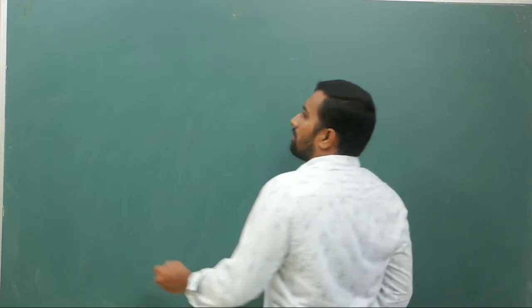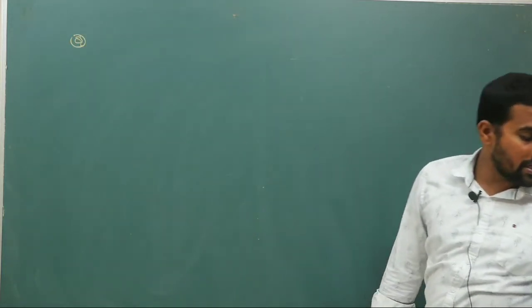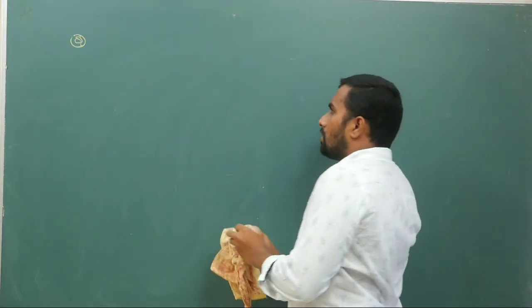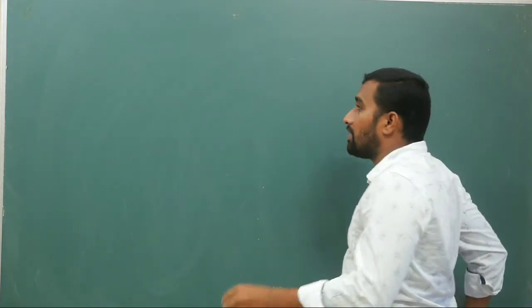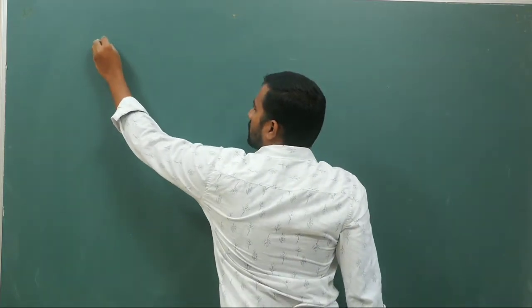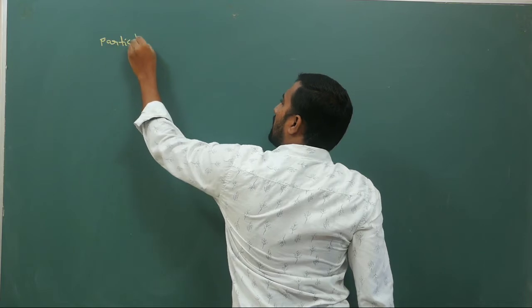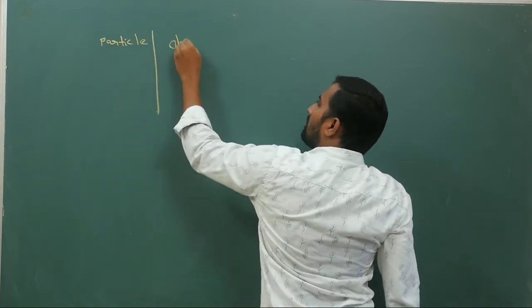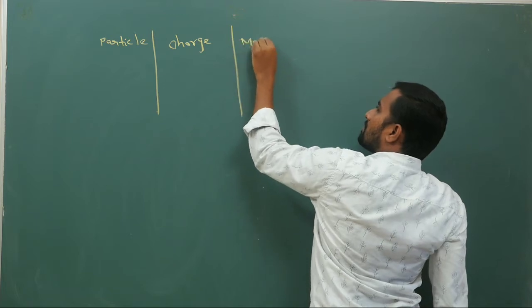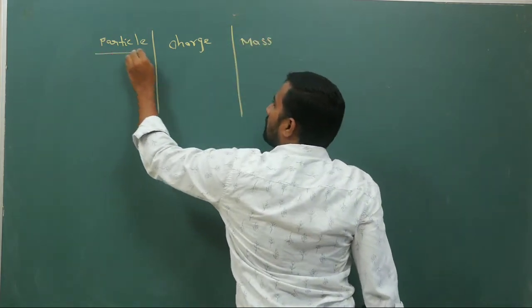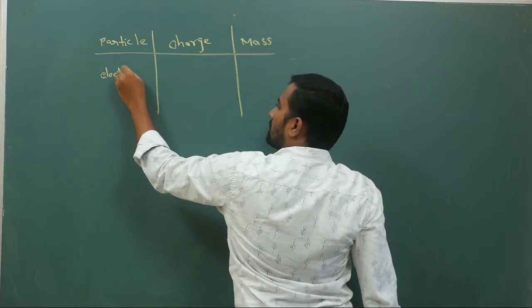The question is like this. No, wait, I did not give the table of charges. For those of you who don't even know the charge of electrons and such, I am giving this table. You have particle, charge, and mass. Your first particle is electron.